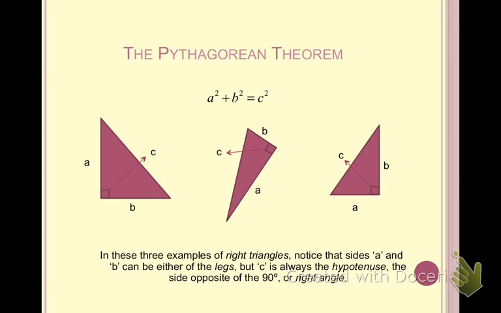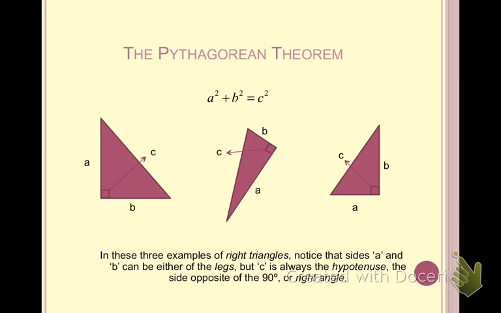Okay. Here are a few examples of right triangles, and notice that A and B refer to the legs of the triangles, and it doesn't really matter which side is A and which side is B, but C is always labeled as the hypotenuse of the right triangle.